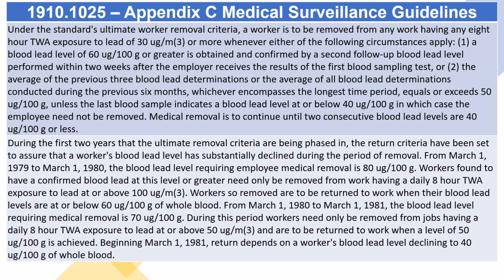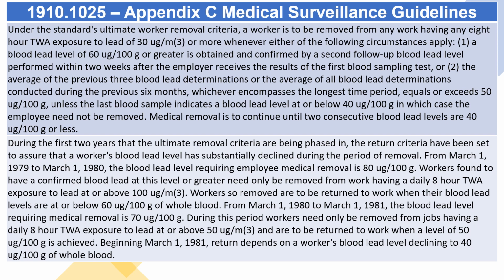Under the standard's ultimate worker removal criteria, a worker is to be removed from any work having any 8-hour TWA exposure to lead of 30 µg/m³ or more whenever either of the following circumstances apply. 1. A blood lead level of 60 µg/100 g or greater is obtained and confirmed by a second follow-up blood lead level performed within 2 weeks after the employer receives the results of the first blood sampling test, or 2.